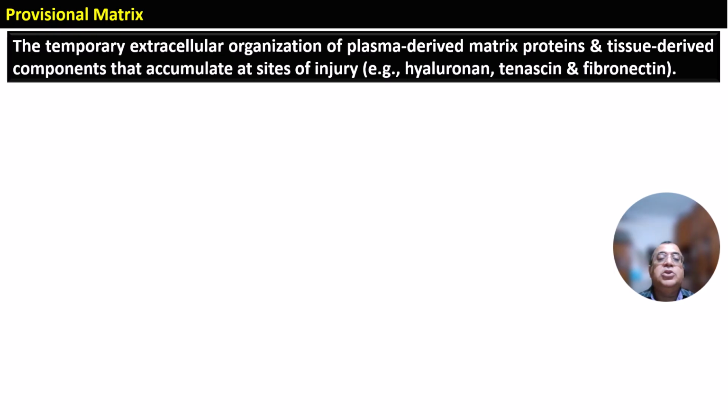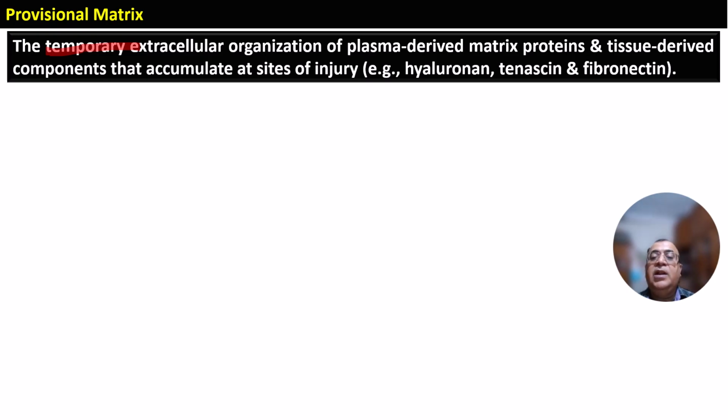Another type of extracellular matrix that contributes to the organization, physical properties and function of the tissue is the provisional matrix. This is the temporary extracellular organization of plasma-derived matrix proteins and tissue-derived components that are accumulated at the site of injury.